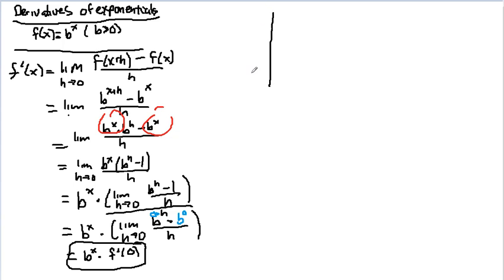Well, what does that mean graphically? Well, the graph of b to the x looks something like this. And this is actually f of x is equal to that. That's almost legible. But remember, f prime of 0 is the tangent line at 0.